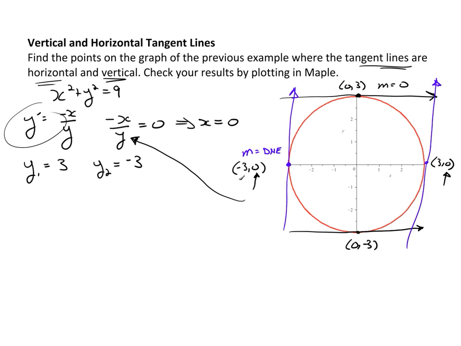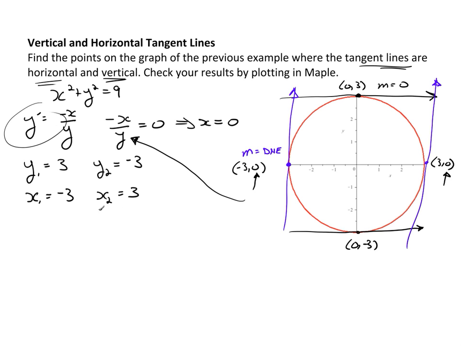So the equation of this first line over here on the left will be x1 equals negative 3, because that's a vertical line. x is always negative 3. y varies, but x is always negative 3. And x2 is going to be x equals positive 3.